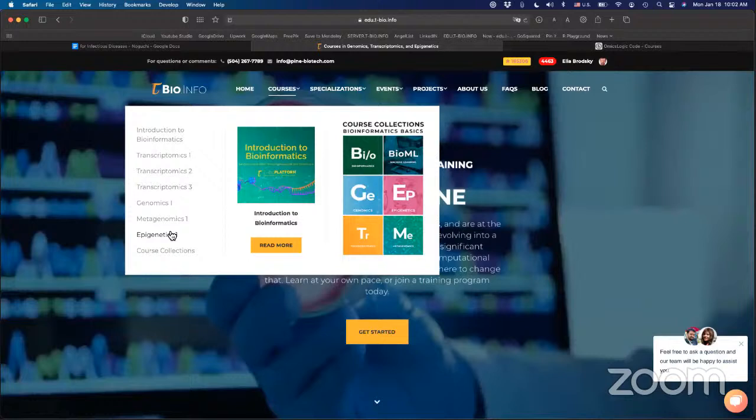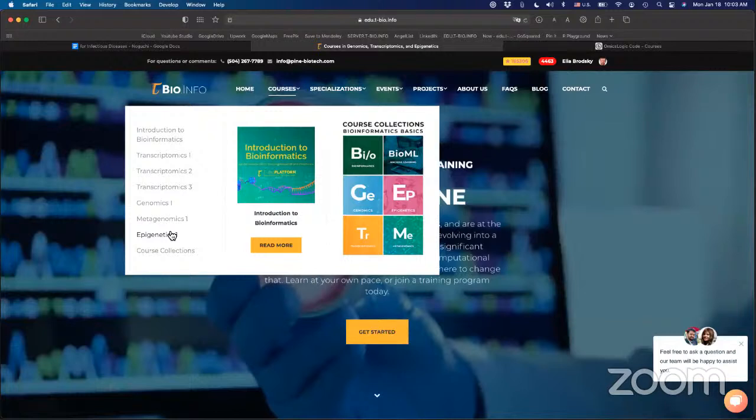However, for many people, having asynchronous resources like Coursera, edX, or the T-Bioinfo platform is not really enough. And so what we will try to do in this program is guide the participants from where you currently are, with or without any bioinformatics background, to understand the specific details of bioinformatics so that you can be independent in your research to ask questions of data and get results or answers to your questions.